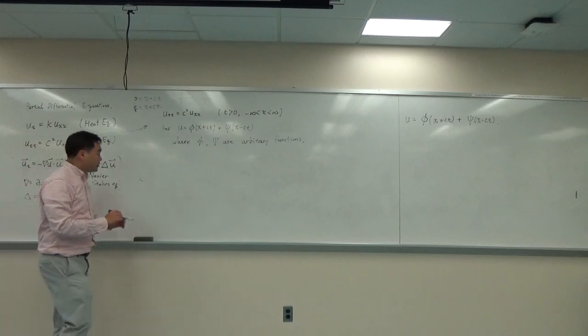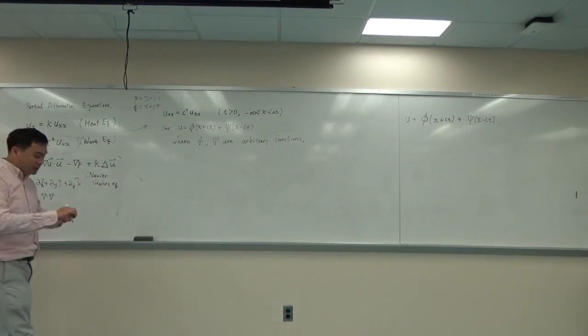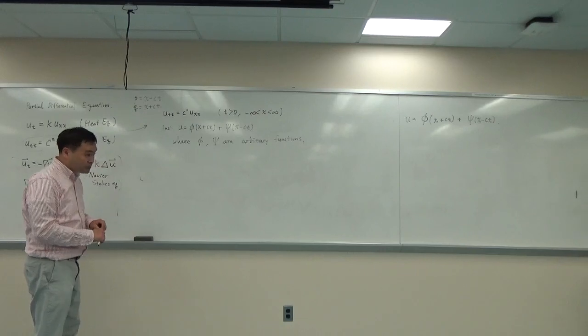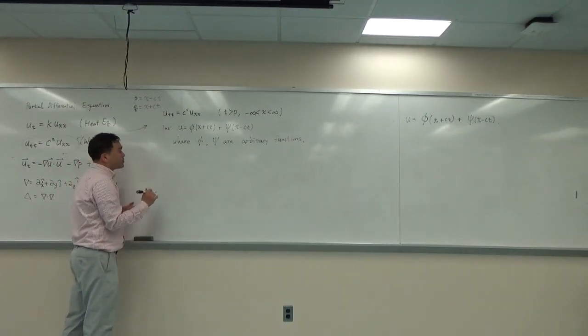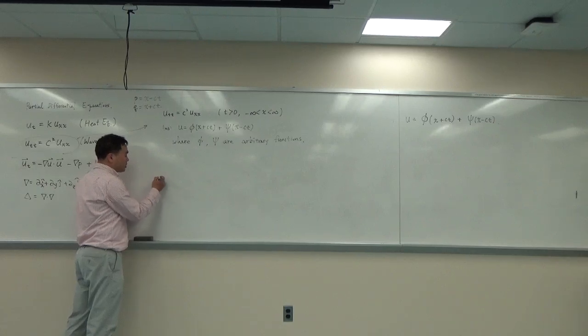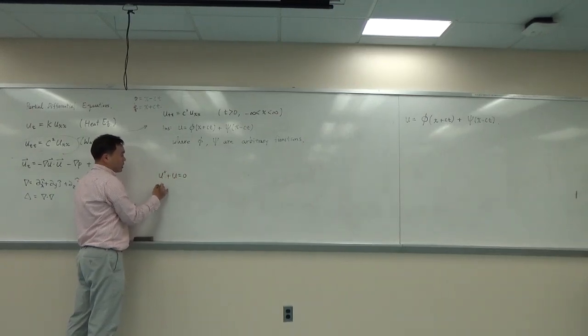Now, let me go one step further, and we will try to come up with the initial value problem. So in ordinary differential equations, if you had something like u double prime plus u equals 0, how many initial conditions were you supposed to provide?